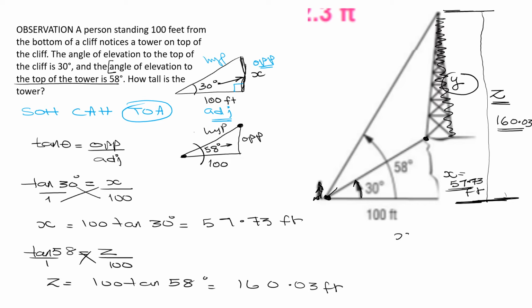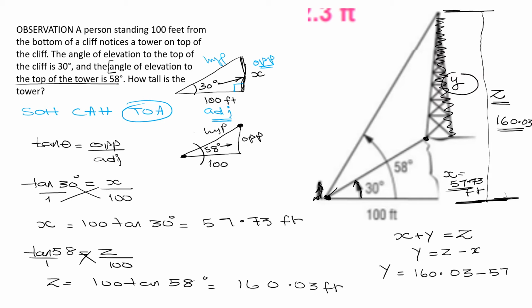We know that x plus y equals z. So in order to find y, we will just do z minus x. It means that we will subtract 57.73 from 160.03.